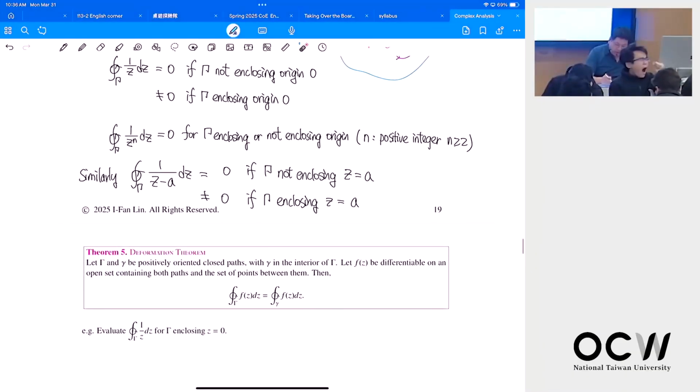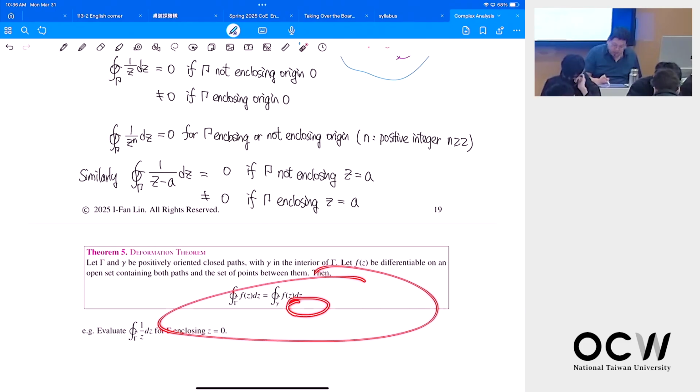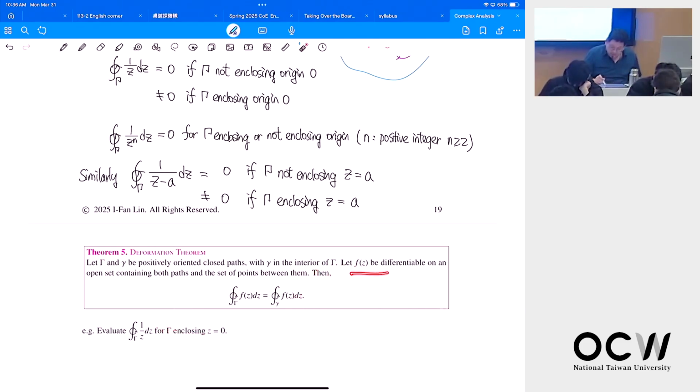Here we have the deformation theory that we can use to find the circular integration. I have a tau and gamma that will be positively oriented closed paths, so they are closed. And gamma is in the interior of tau. So tau is here and then gamma is inside. F is differentiable. What does that mean?